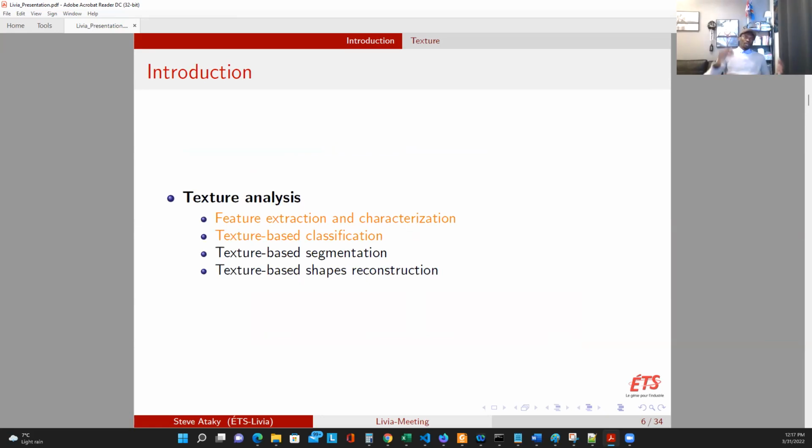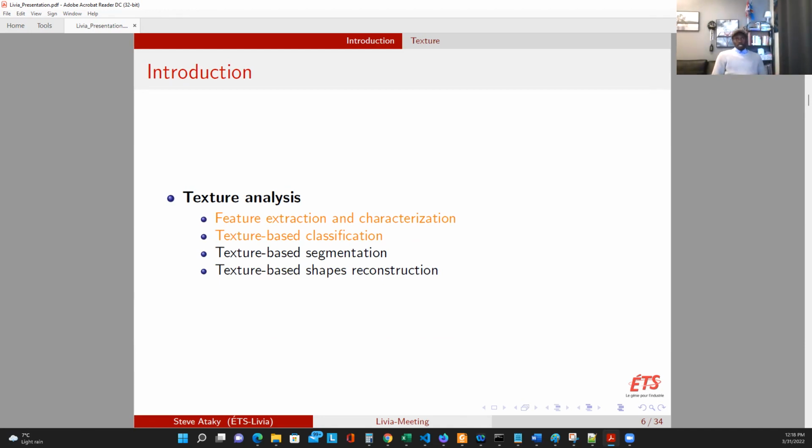Now, when we talk about texture analysis, here we seek to determine the neighborhood relationship of the texture elements and their position in relation to the others, which is connectivity. We also seek to determine the number of elements per spatial unit, which we may call density, and the regularity, which we may call homogeneity.